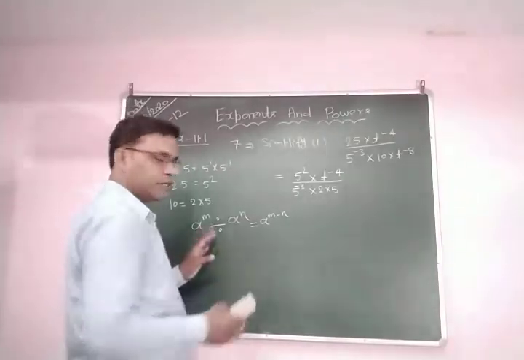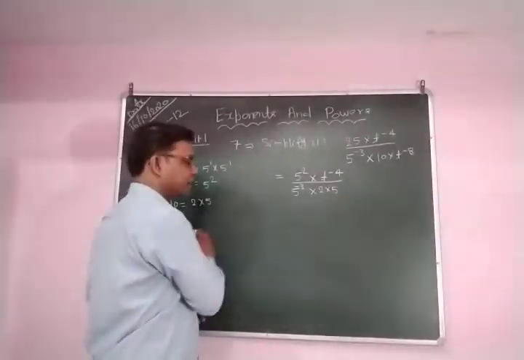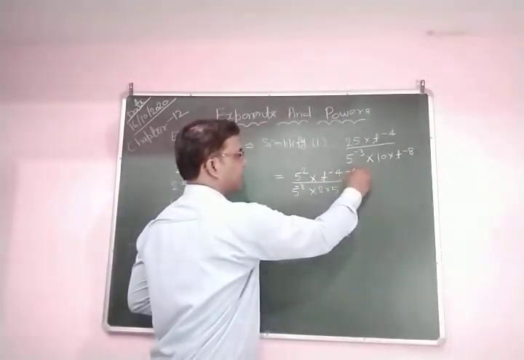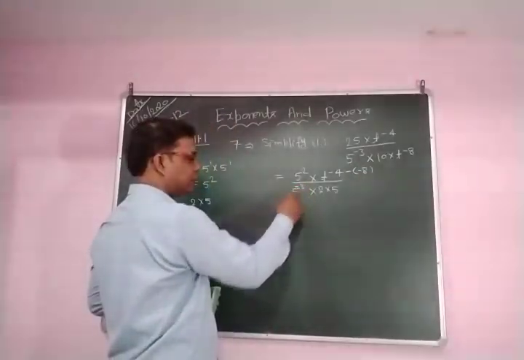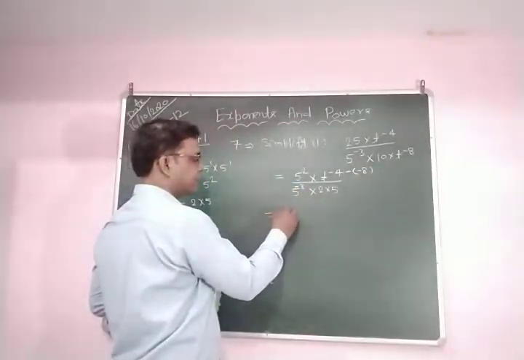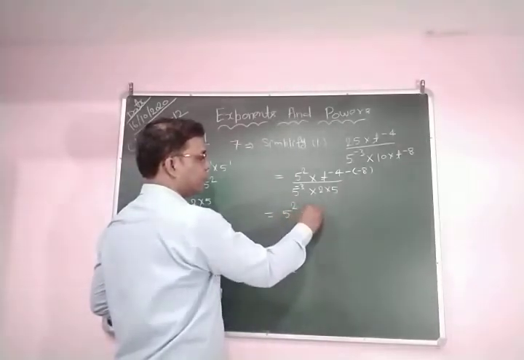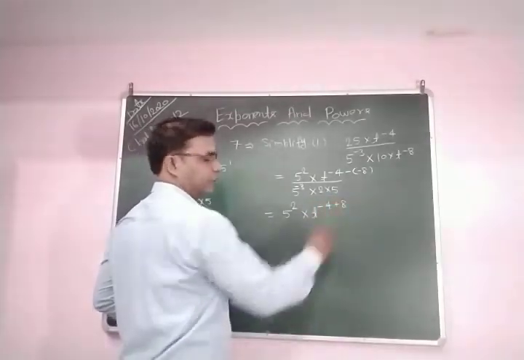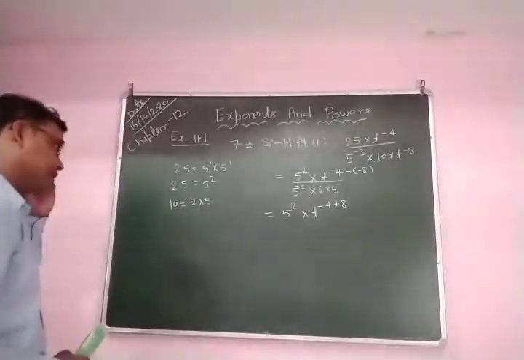According to this law of exponents, we write 5 power 2 as it is, into t power minus 4 plus 8. Clear? T power minus 4 plus 8.